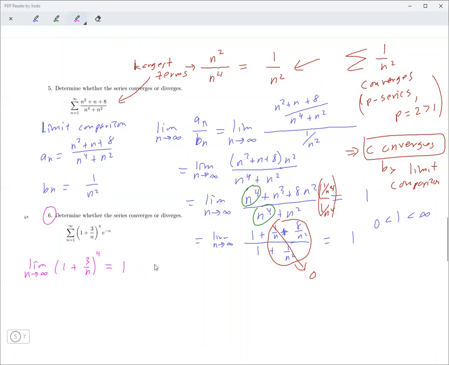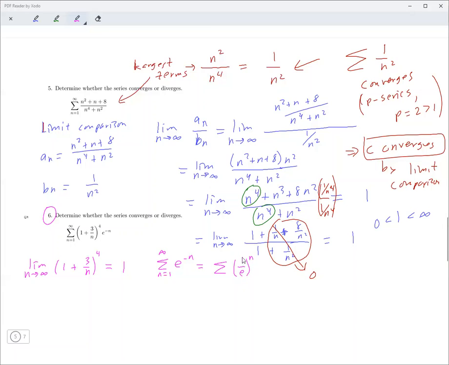Also, if you had just e to the negative n, would that converge or diverge? That's the same as 1 over e to the n. e is about 2.7 something, right?